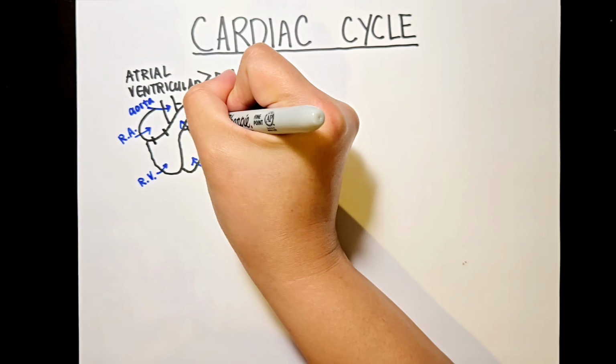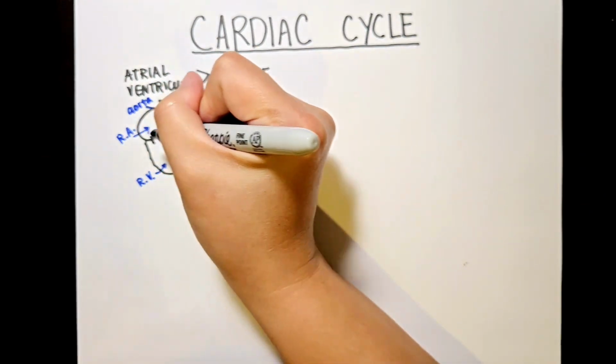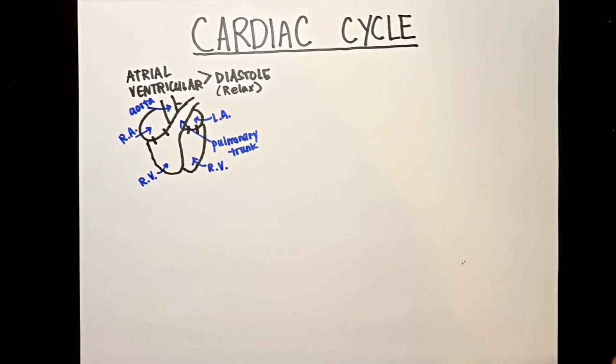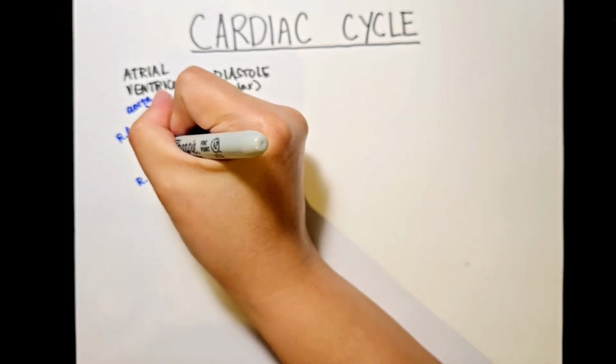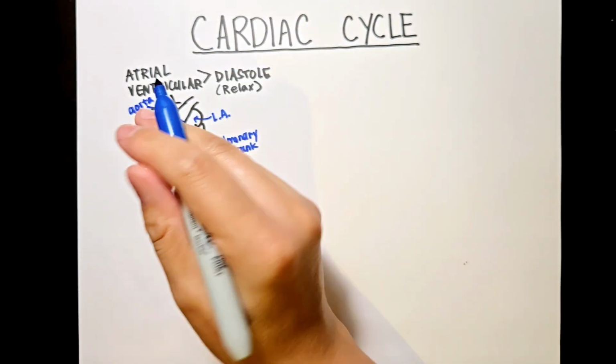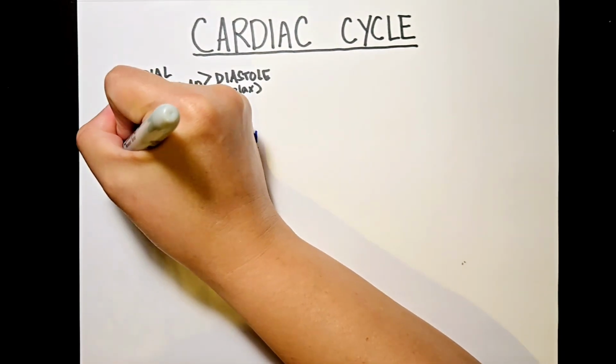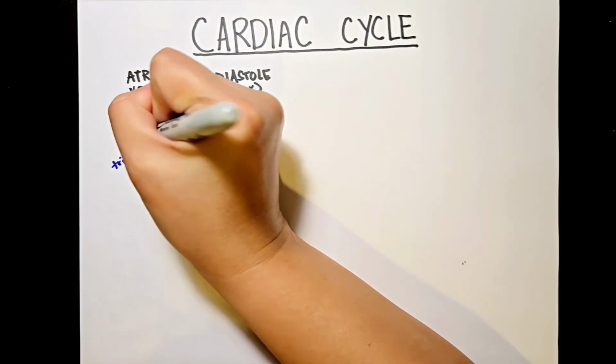Now, we will also have this valve right here and this valve right here, both being collectively called the AV valve, or specifically this one on the right side of the heart is called the tricuspid valve.